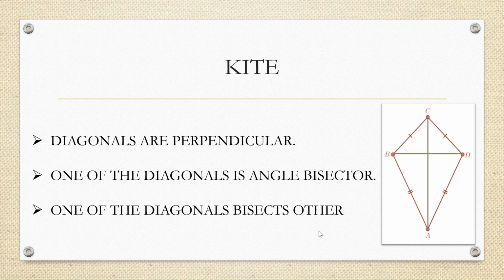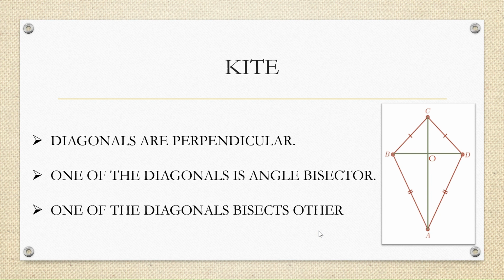Now let us see in the picture. These are two diagonals BD and AC, and these diagonals intersect at a point O. AC bisects diagonal BD, which means the length from B to O would be equal to the length from D to O. So one diagonal bisects the other.